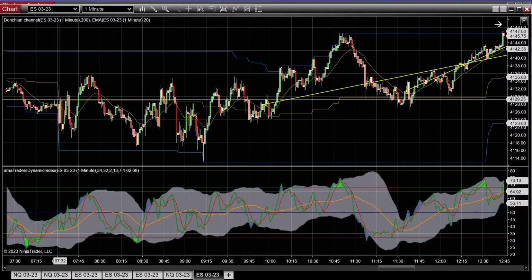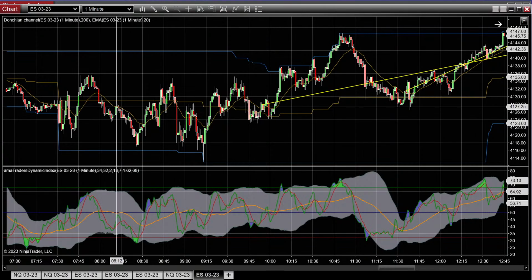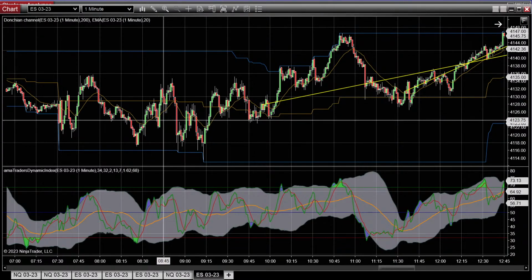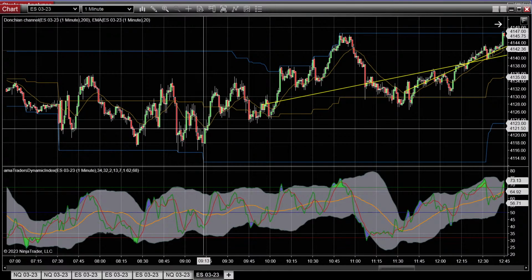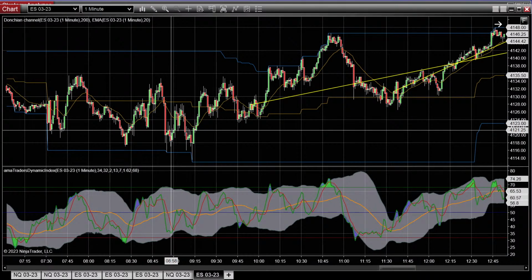That's one cross, another cross, another cross. It's all over the place. If we're just taking the trigger, it has no value. Like I said, that's going to get you in any market state. It's not what we want.